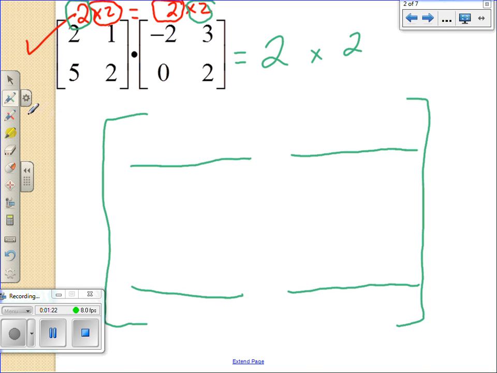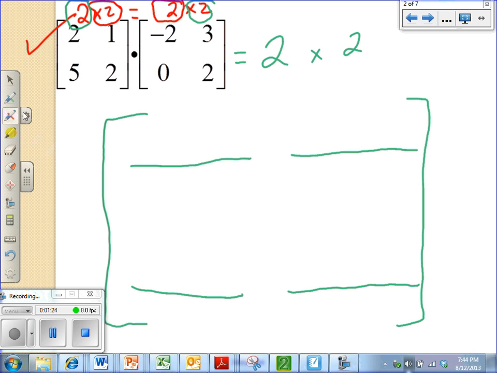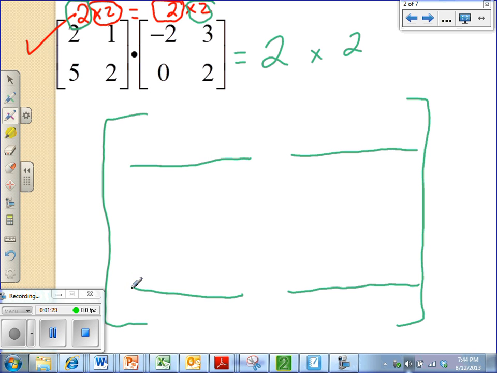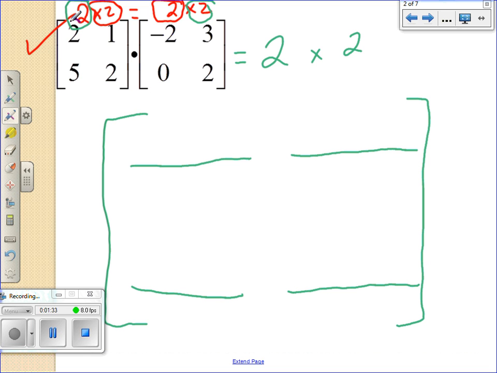Now the question is, what goes on these lines? Well, it's going to follow a very simple pattern. If you follow this pattern every time, you'll never get your answer wrong. The first thing I'm going to do is pull my rows from my first matrix. So that means I'm going to do 2 times something plus 1 times something.